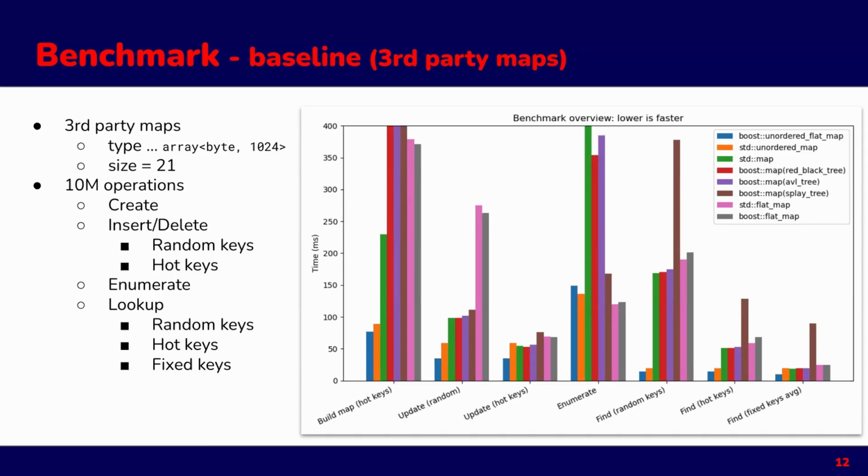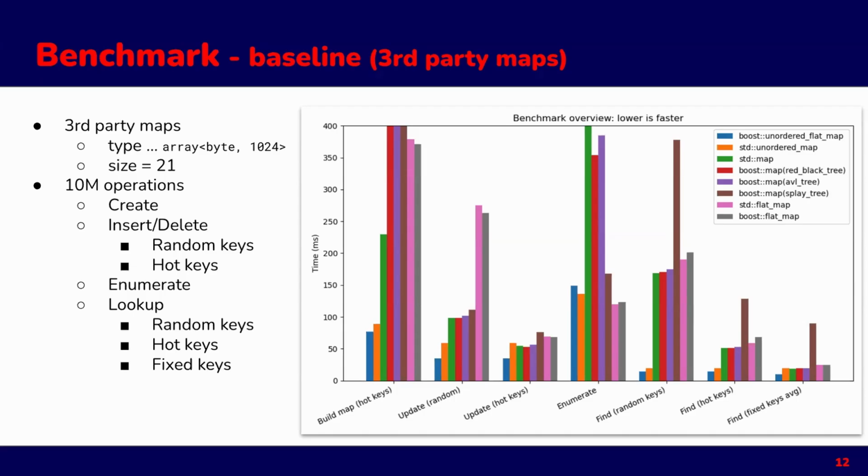Okay, so let's start with some baseline benchmark. I'm benchmarking third-party maps. I'm using Boost and STD maps. So Boost unordered flat map is a very fast hash map. It uses open addressing, and you can see that it's mostly the fastest one. Then I'm using STD unordered map, which has closed addressing. It's not that fast, but pretty good.